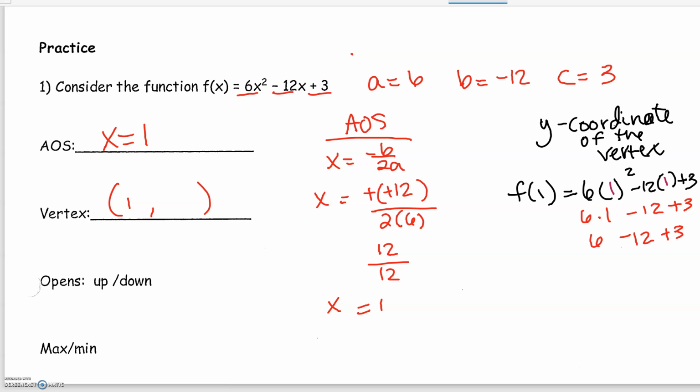And then 6 minus 12 is negative 6, plus 3 is negative 3. So then I put that negative 3 here. This is a positive 6 for a, so it's going to open up, and that means that we're going to have a minimum. And that minimum is at negative 3.